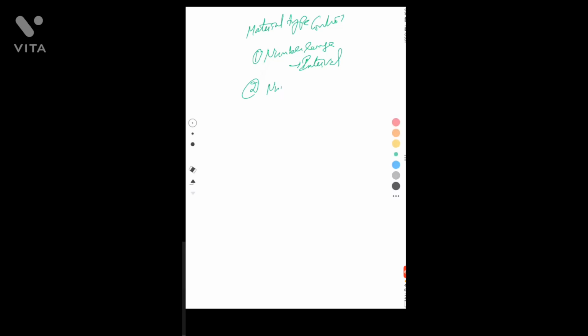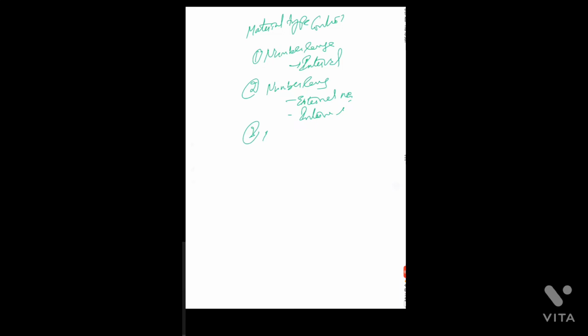The second one is again number range, which is external number range or internal number range. Then the next one is field selection control, which field is mandatory, optional, or hidden.